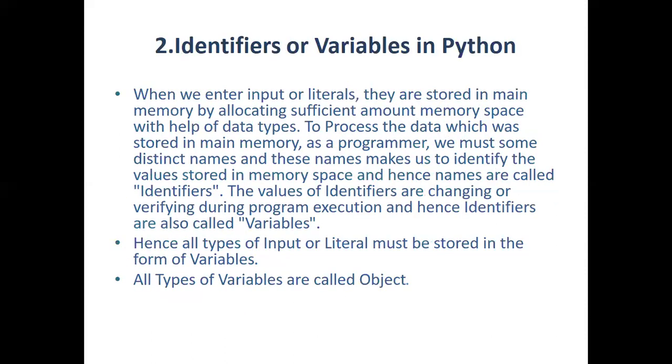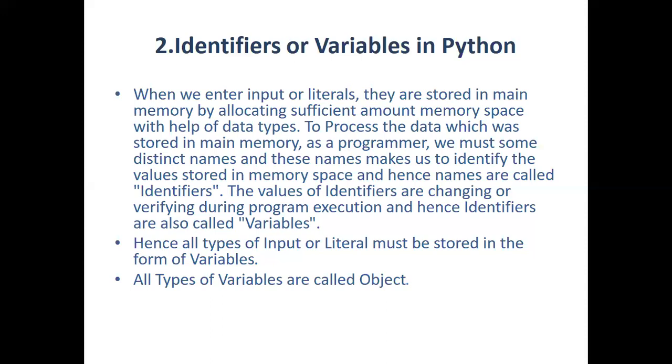Identifiers or variables in Python. Whenever we enter input or literals, they are stored in the main memory by allocating a sufficient amount of memory space with the help of data types. In order to process the data stored in the main memory, as a programmer we must give some distinct names, and these names help us identify the values stored in the memory space.